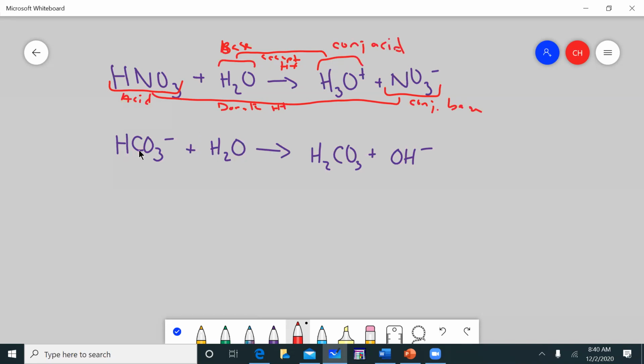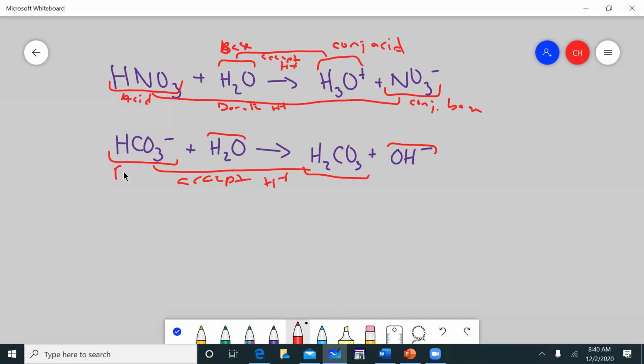This one down here, this guy looks like this guy, and this guy looks like this guy. How do I get from here to here? I have to accept an H plus.